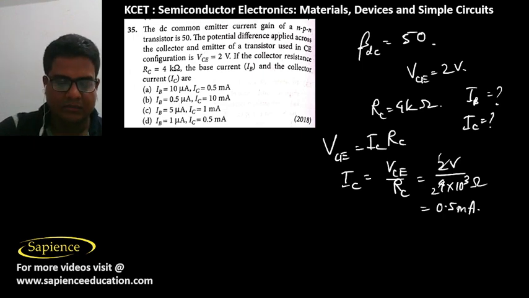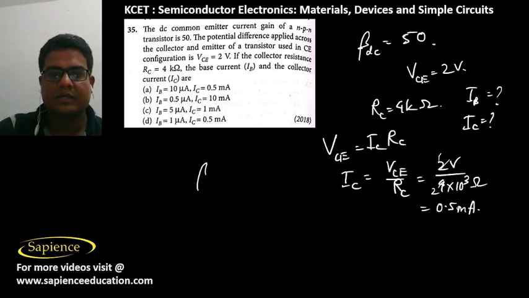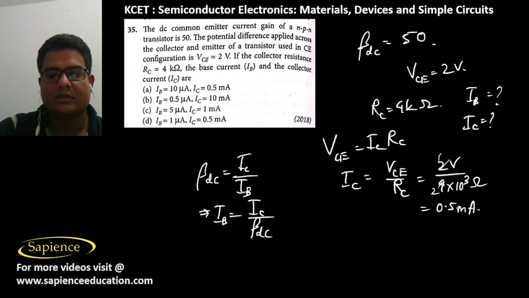And we have to find IB also. So we know that beta DC is equal to IC by IB. Therefore IB will be equal to IC by beta DC. So that will be 0.5 milliampere divided by 50.